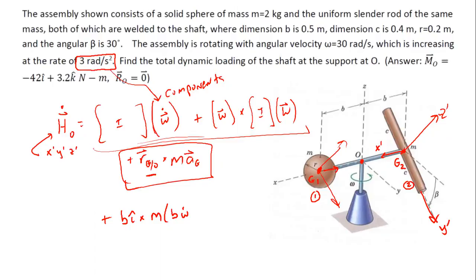Does everybody see that with the tangential acceleration? Because I have the omega of 30 increasing at a rate of 3 radians per second squared, and so that increase is going to be in the J direction.